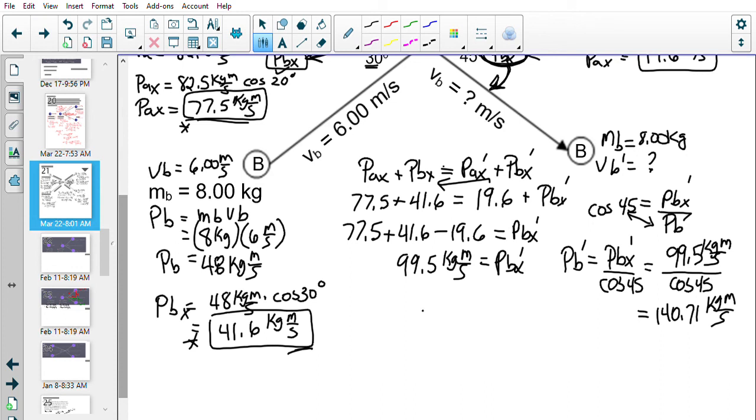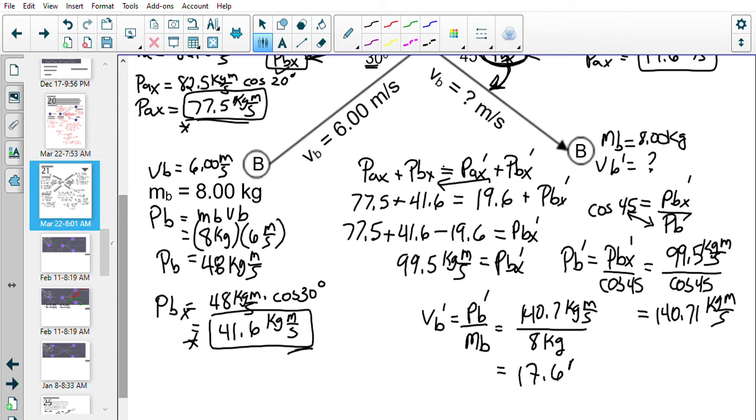So to get VB prime, you take this PB prime that you just calculated, divide by mass of B. So the 140.7 kilogram meter per second, divide by mass of B, which is 8 kilograms, gives us the grand total of 17.6 meters per second, and we already know the angle because it was listed in the question of 45, so that is east 45 south as your direction.